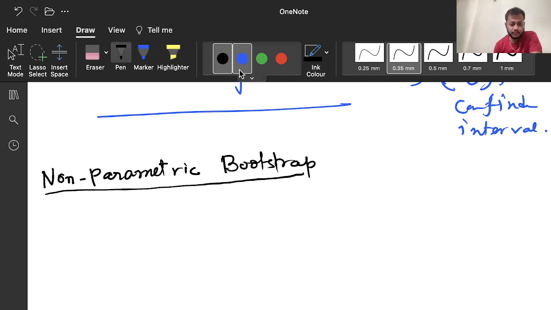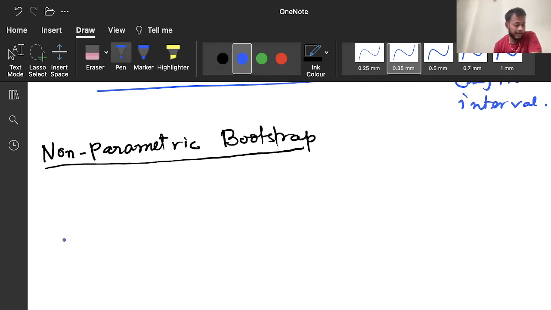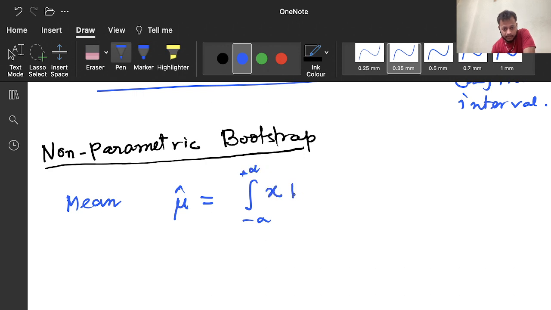So let's find it. I want to write how you can calculate the mean of the distribution, that is mu cap equals integral from minus infinity to plus infinity of x dFn(x).